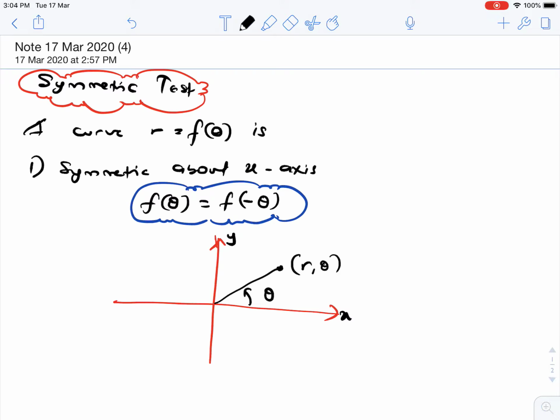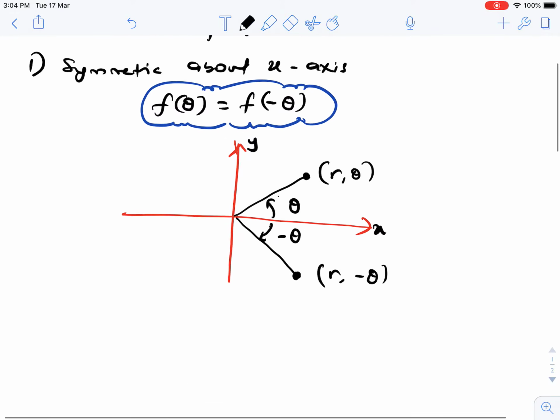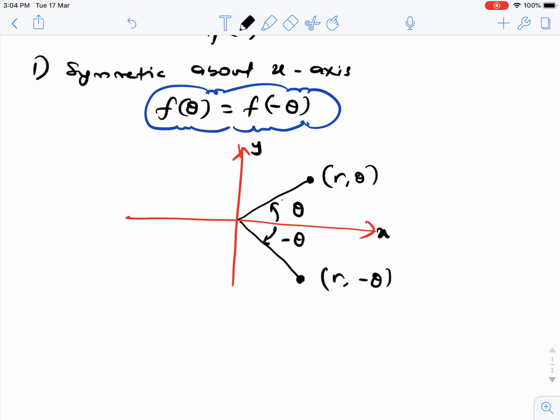Then if this coordinate can be reflected here, okay, so r negative theta, we can say that the curve is symmetric about x-axis. Or in other words, if you fold your paper towards x-axis, then this point is reflected below here. Okay, so that is the first case.